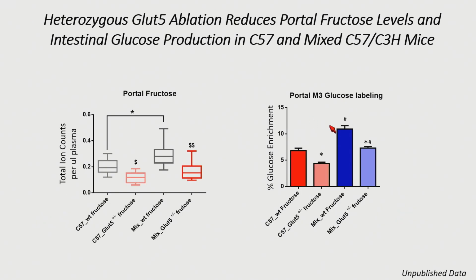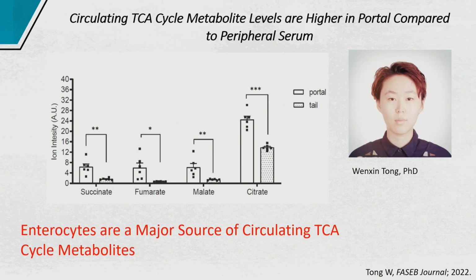And so we went on to show that if we repeat this on GLUT5 heterozygous animals, GLUT5 is the transporter for fructose in the intestinal lumen, we can reduce portal fructose levels by half in both the C57 and in a mixed background, and also reduce the glucose production from that labeled fructose by half. All right, so this is really dependent on the rate of fructose absorption in the intestine.